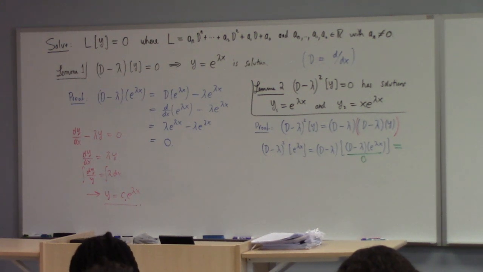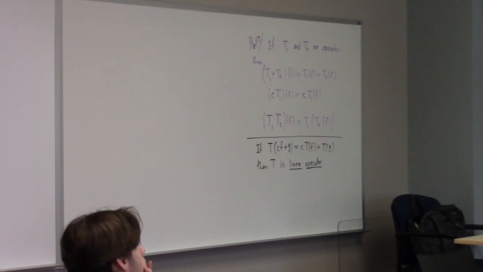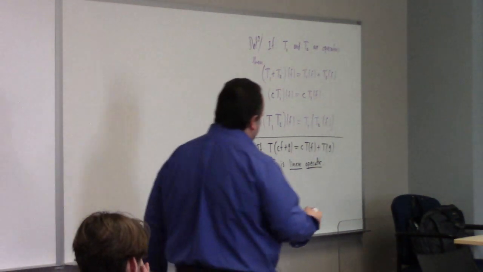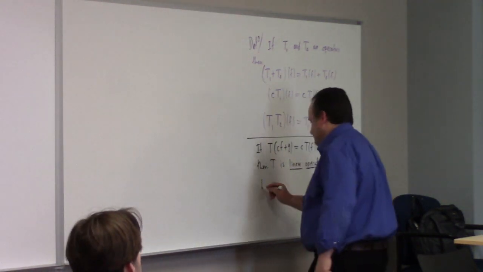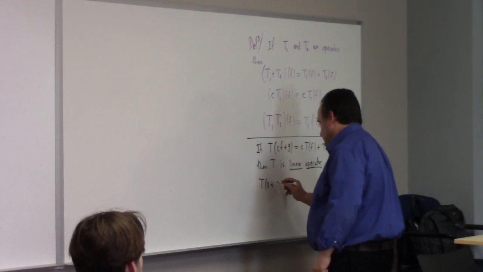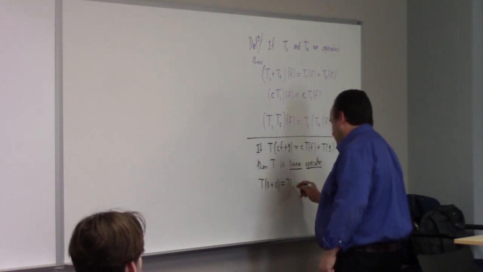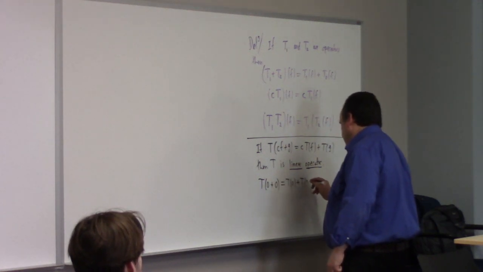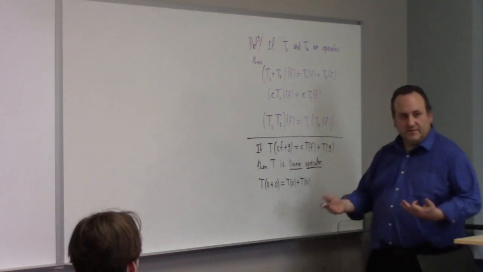Here's the thing about a linear operator. What happens if you feed it 0 plus 0? What's T of 0 plus 0? Think about this. It's T of 0 plus T of 0, right? If it's a linear operator.